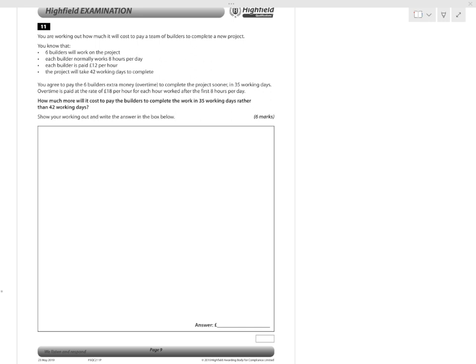6 builders. So 6 builders times 8 hours a day times 42 days. So 6 times 8 times 42 is 2016 hours. Now you're going to do it in 35 days.